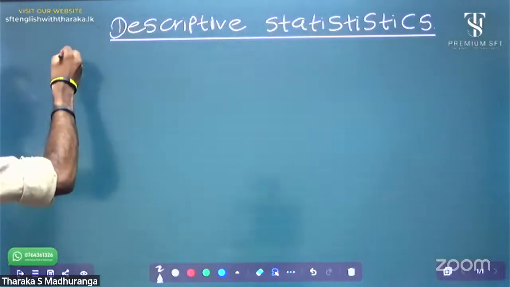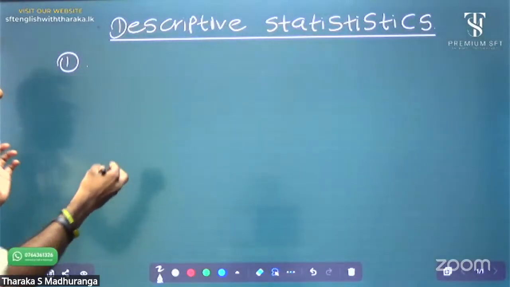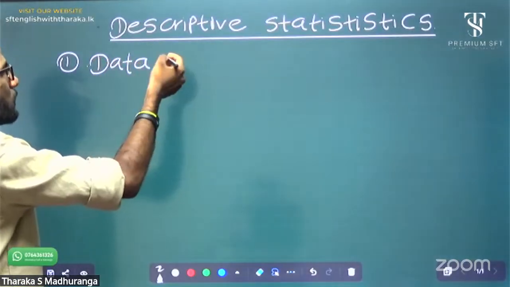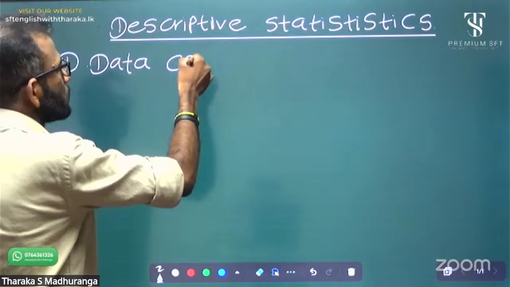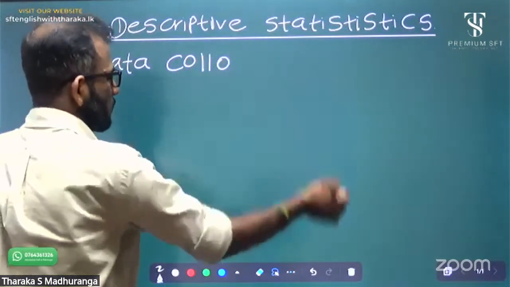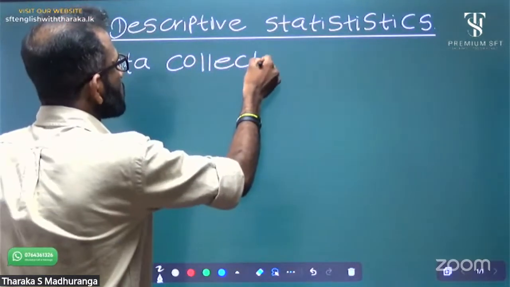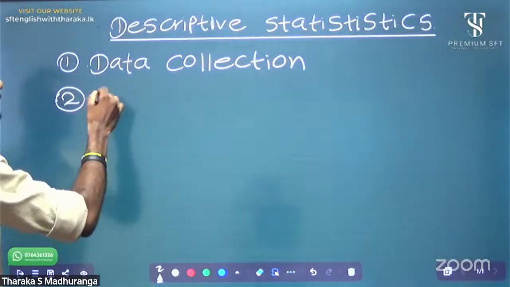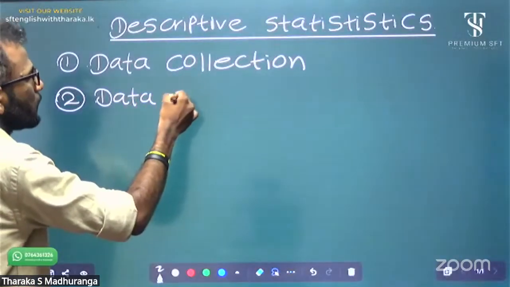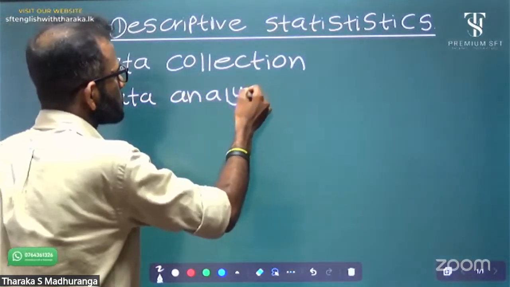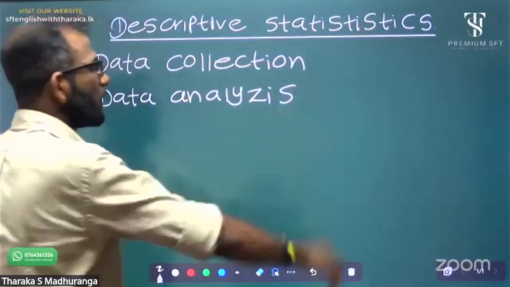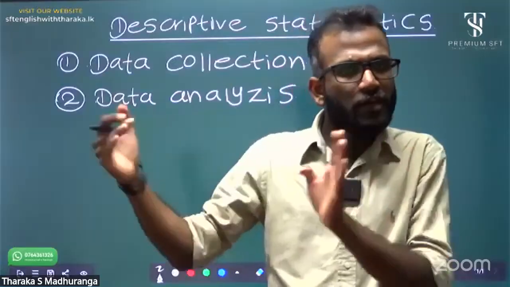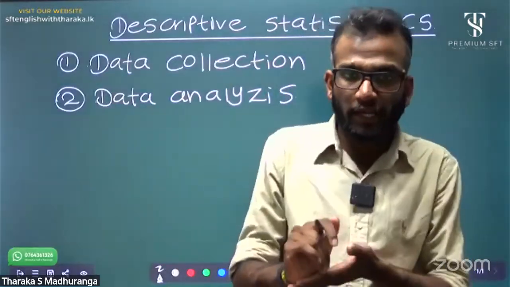The first one, data collection. Second, data analysis. First, data collection. We have different types of methods to collect data.